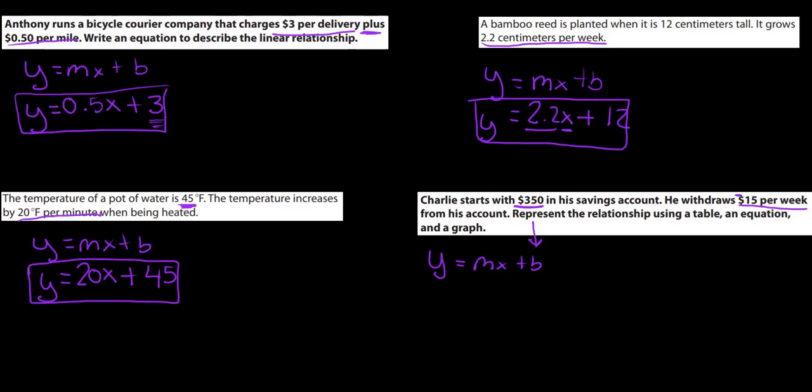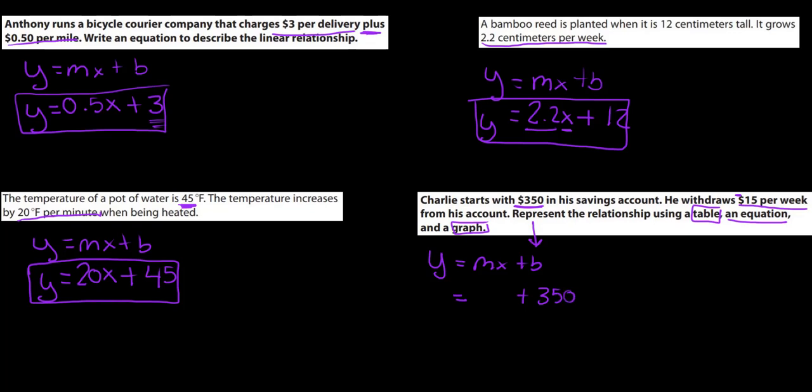Representing the relationship using a table, an equation, and a graph. Okay, so here we're just going to focus on an equation, but what I want is for you guys to draw a table and then draw a graph afterwards of this relationship. You'll just have to plug in some values for x. Okay, so let's go ahead and give this a try. I know 350 is what he started off with, so that amount isn't going to be changing.